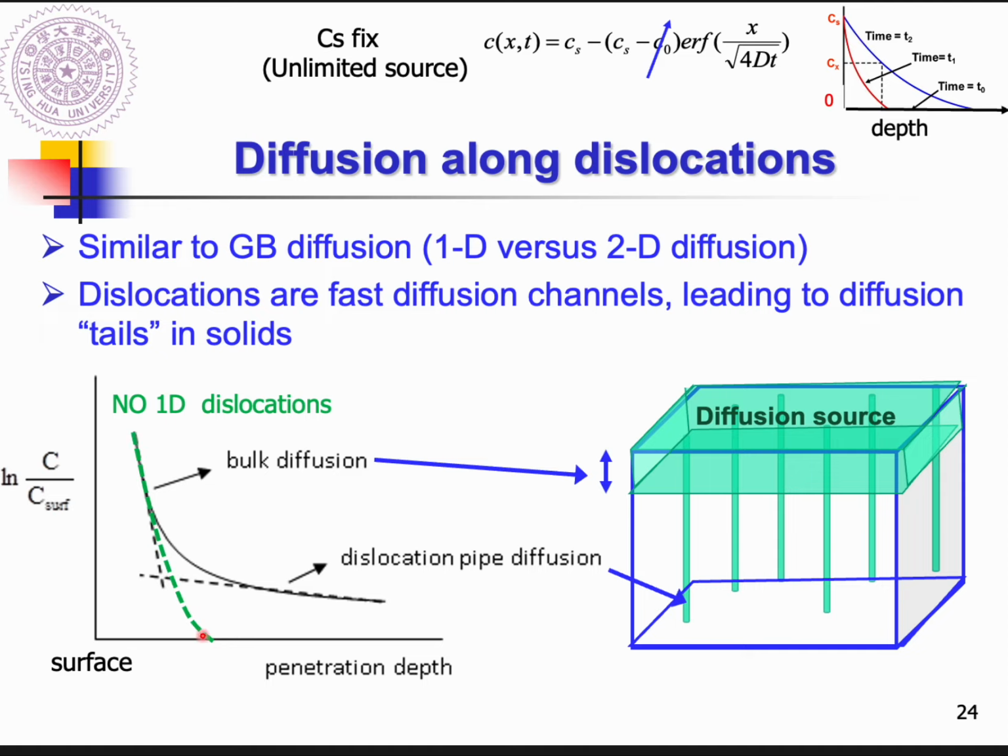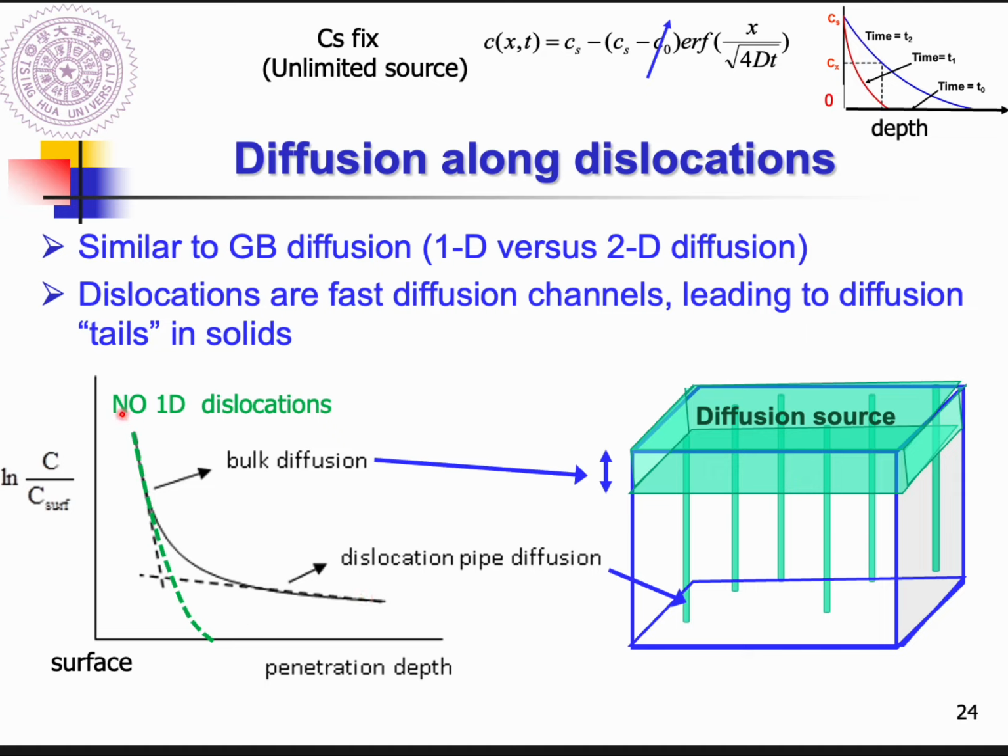However, because we have this faster diffusion path along the dislocations, you find that you can have this kind of tail, a diffusion tail inside your substrate. So we can find some diffusing atoms deeper inside our materials.